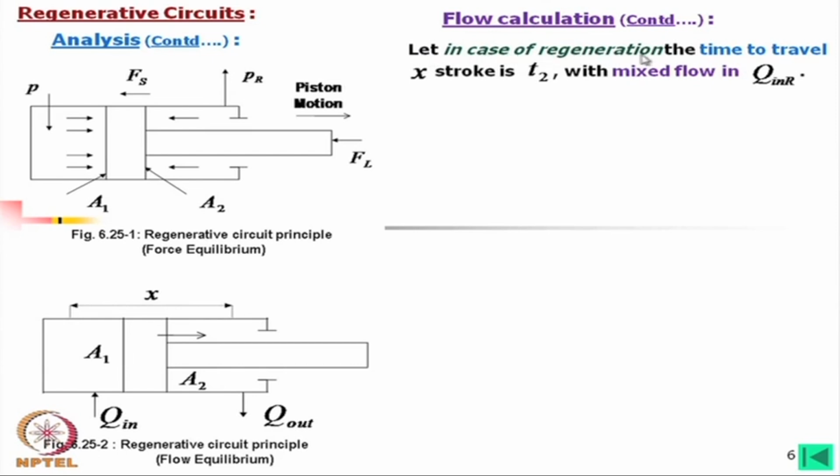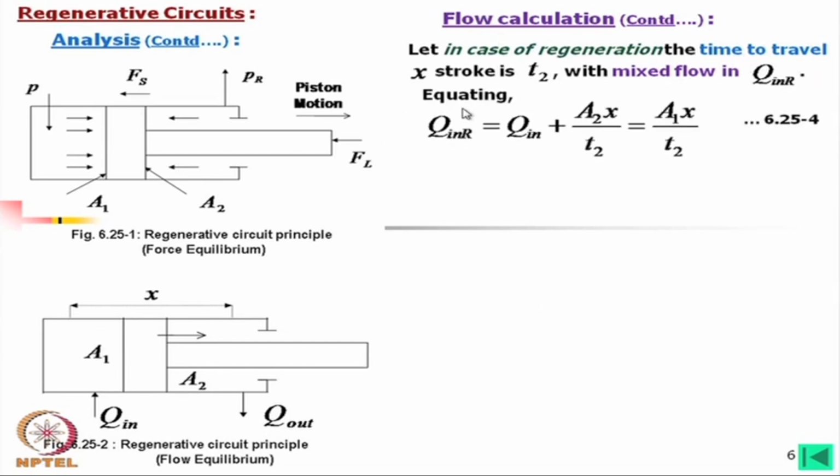In case of regeneration, let the time to travel stroke x be T2. That means if we now mix the oil, definitely this time to travel will be different, because the original flow Q in is there as well as Q out is there. Now, this flow we can calculate.